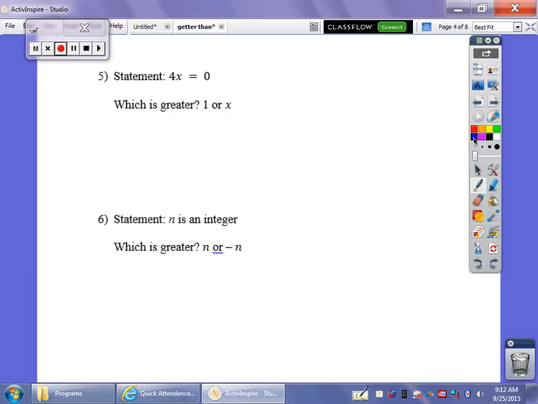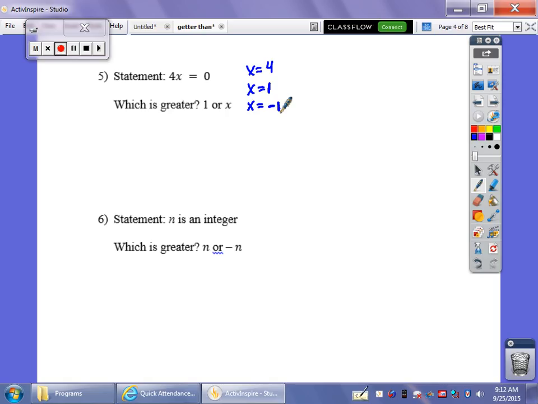Alright. And to solve this one, it says which is greater, 1 or x? You can do this a couple ways. x can be a number greater than 1, like 4. We can say x is equal to 1, or we can say x can be a number less than 1, like -1.